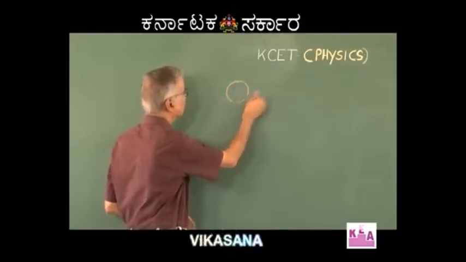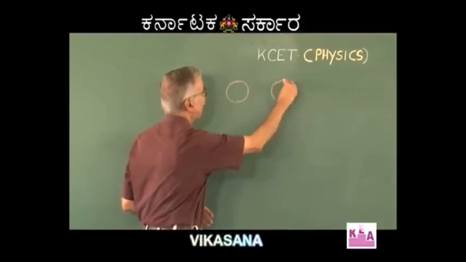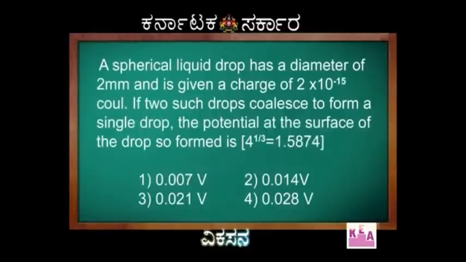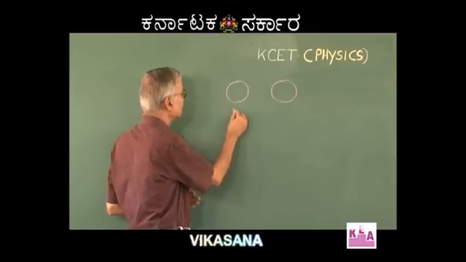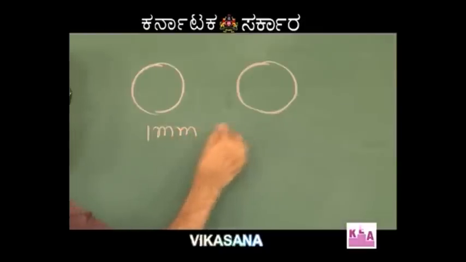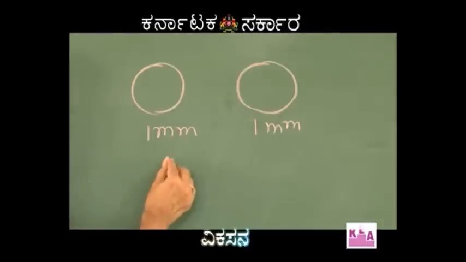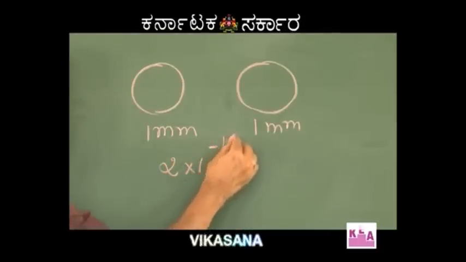This is one drop and this is another drop. Each drop is of the diameter equal to 2 millimeter. Therefore, radius of each drop can be taken as 1 millimeter and both carry the charges 2 into 10 to the power minus 15 coulomb.